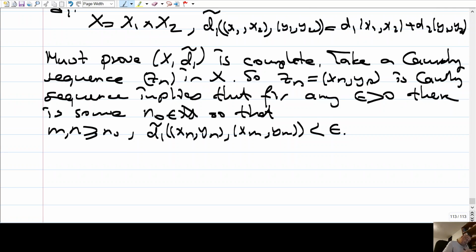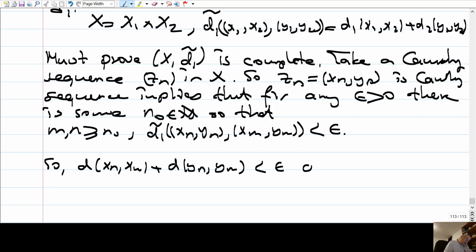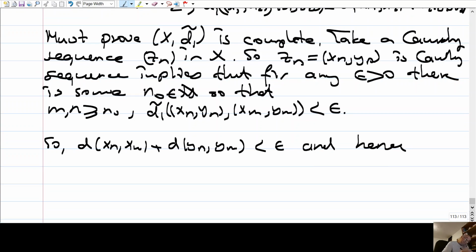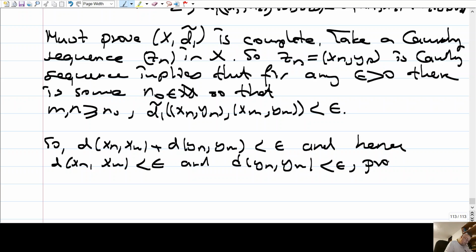But what is the definition of this? This is the definition: d1(xn, xm) plus d2(yn, ym) is less than epsilon, and hence both of them are less than epsilon, provided that m and n larger than n0.